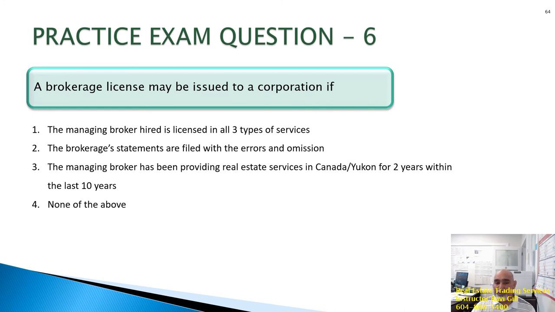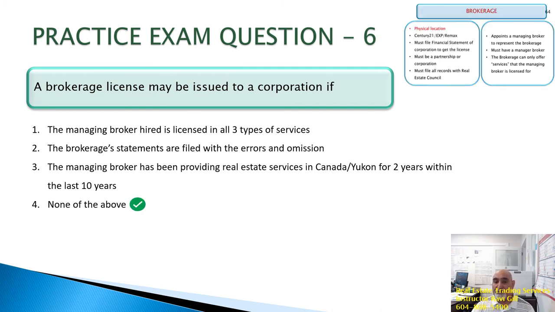The brokerage's statements are filed with the superintendent of real estate, not with errors and omissions. The managing broker has been providing real estate services in Canada, Yukon for 2 years within the last 10 years. No, it's within the last 5 years. None of the above. The answer is none of the above.